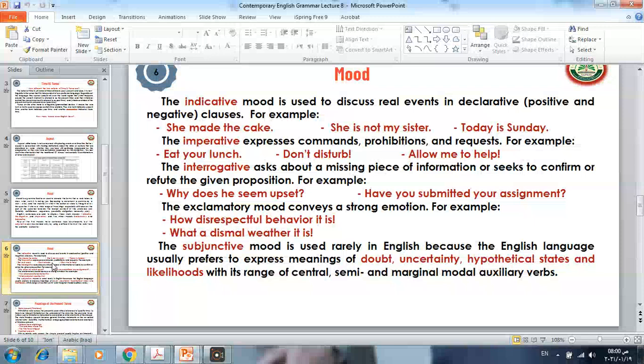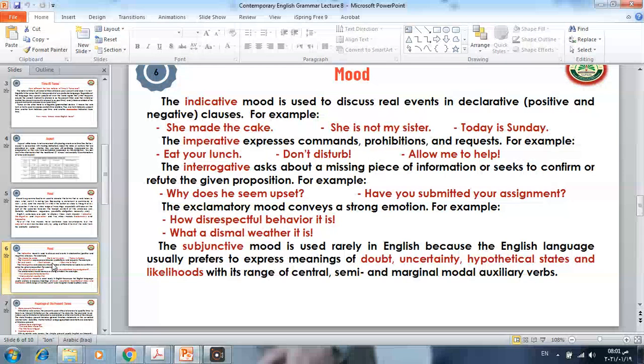Like when we say, she made the cake, here the speaker expresses his attitude towards the factual content of the event. So it means that the speaker is quite sure that she is the person who made the cake. She is not my sister.